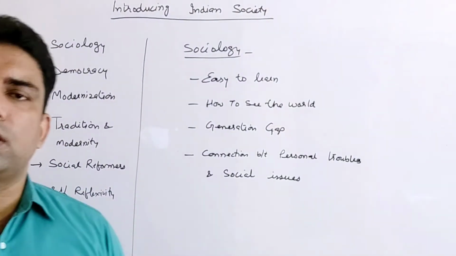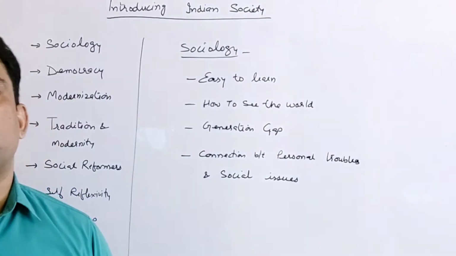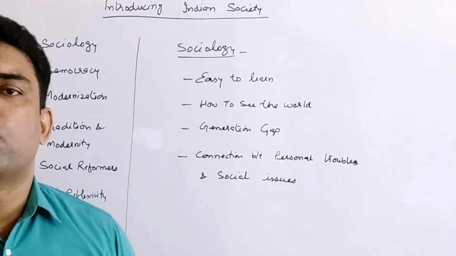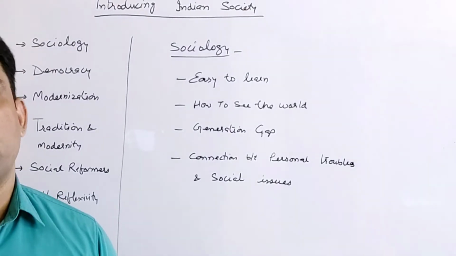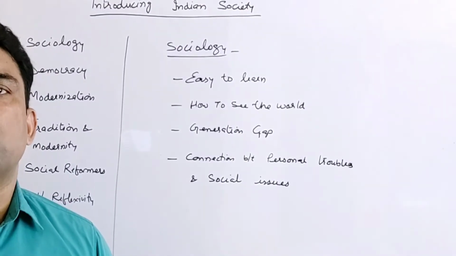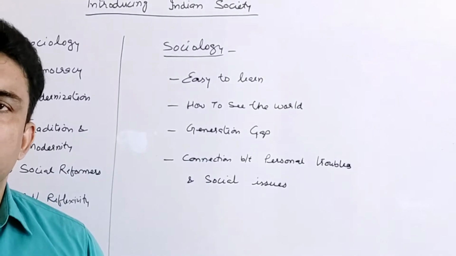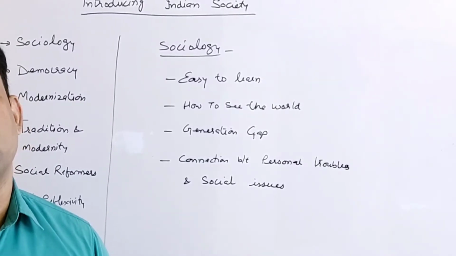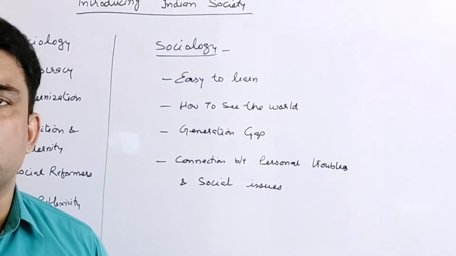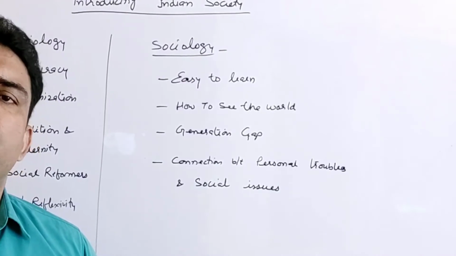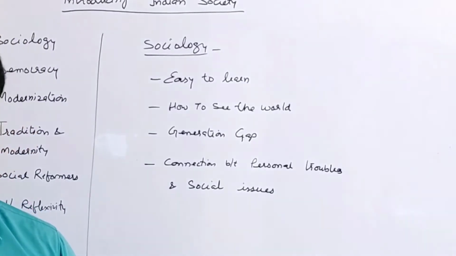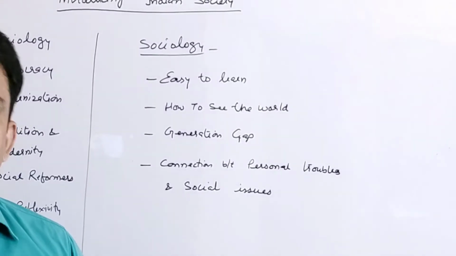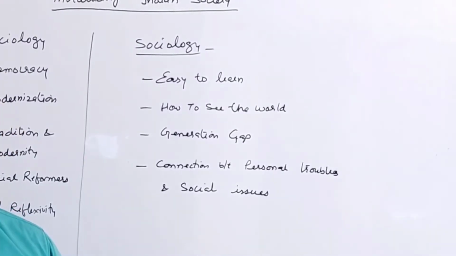We try to see every relation, every breakup, with the lens of sociology. We try to find out why it all happened, what were the reasons behind it, what are the consequences of it. That is possible only because of sociology, because the subject teaches us the relations, the effects, the causes of the behavior, right?